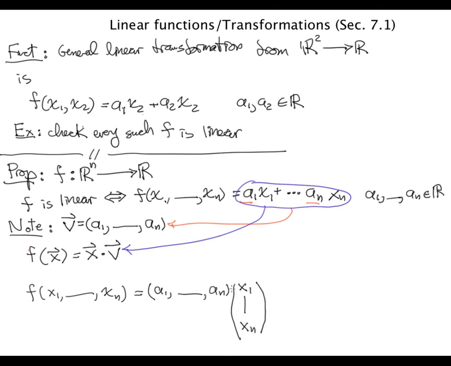This is simply matrix multiplication, right? Because if you multiply this vector times this vector, you get this thing here.